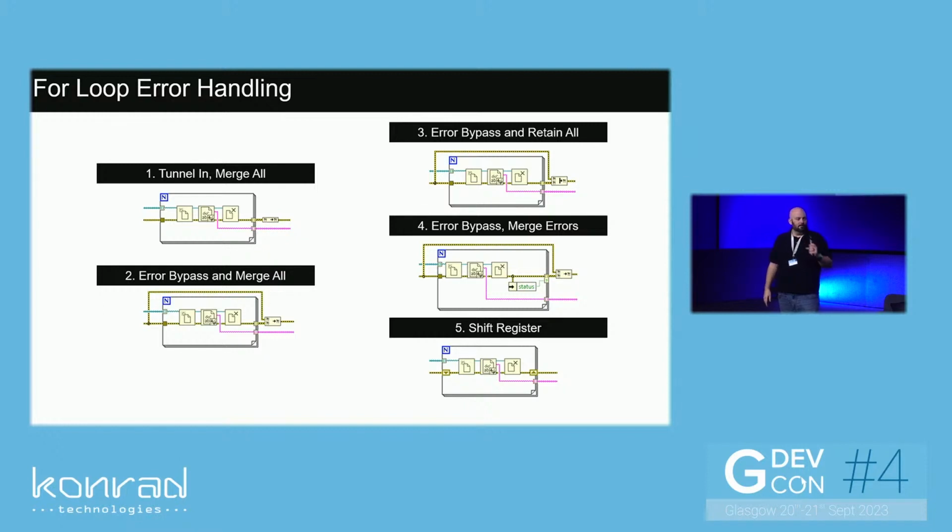So I started with 3 because that's what VI Analyzer tells you to do, and if you don't do it like this, you get a warning. I then went on to 4 because I don't want a massive array of no errors. I just want the errors that I want. But now I'm like, this code will only output the first error that occurs.